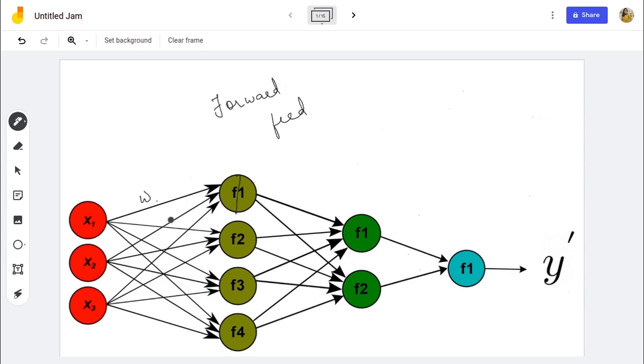So, the input gets multiplied with the weights, and in each node, they get all summed up together and passed through a function, that is an activation function. This gives us an output which acts as an input for the nodes in some other layer, and this goes on and on until you get the predicted value.